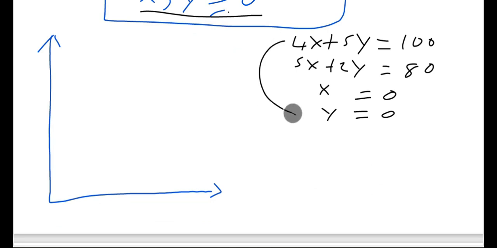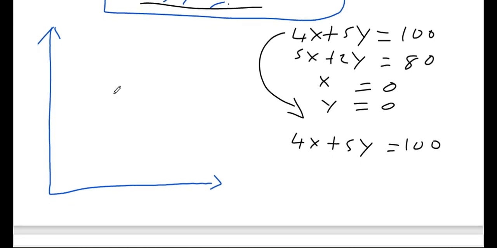Okay, so what we'll do is you're going to have 4x plus 5y equals 100. We are going to let x be 0, so we assume our first point x is 0. Why do we put 0? Because 0 will make our work very easy when we are dealing with this equation.